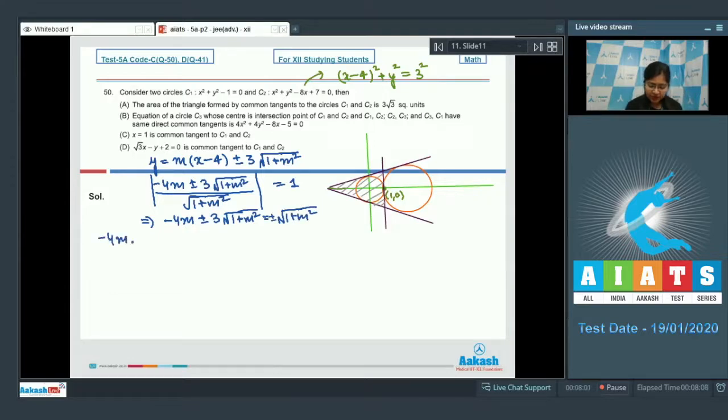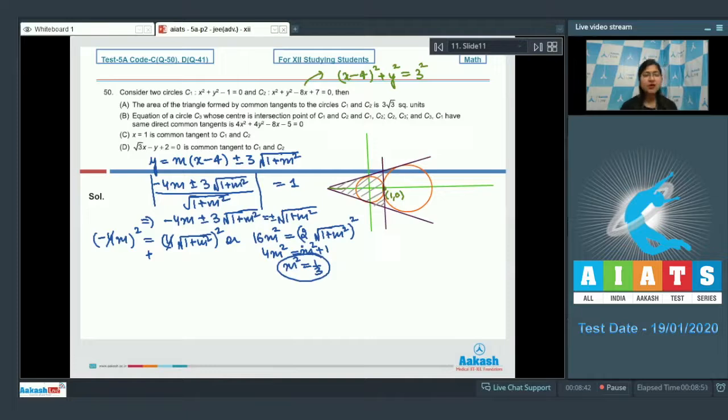That is we have (minus 4m) whole square is equal to (4 into root of 1 plus m square) whole square, or it is equal to, that is 16m square is equal to (2 into root of 1 plus m square) whole square. These two are the possibilities. So here these two will get cancelled and we get m square equal to m square plus 1. So this is not possible. So from here we have 4m square equal to m square plus 1, that is m square is equal to 1 by 3, that is m is plus minus 1 by root 3.